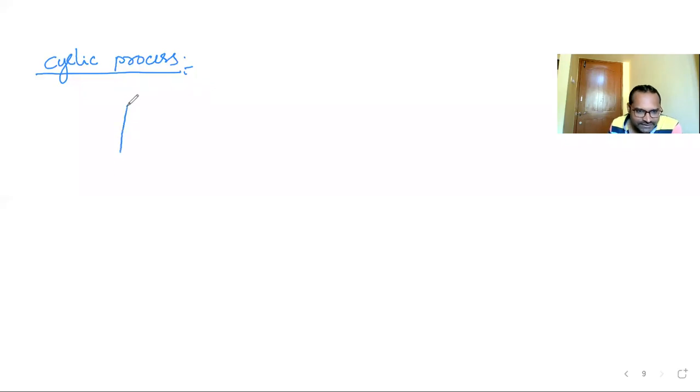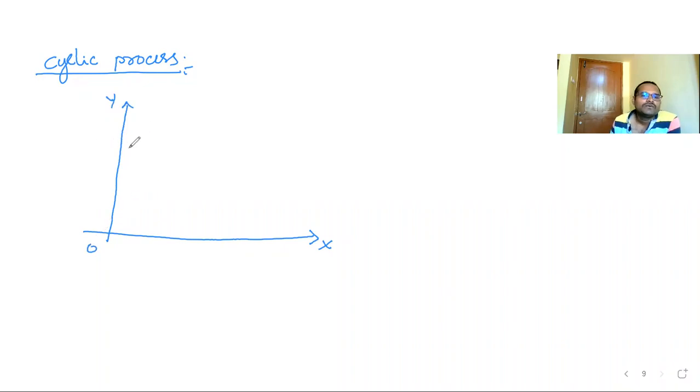I am taking one indicator diagram here. This is the x-axis and this is the y-axis. This is the origin. Now let us take one process.